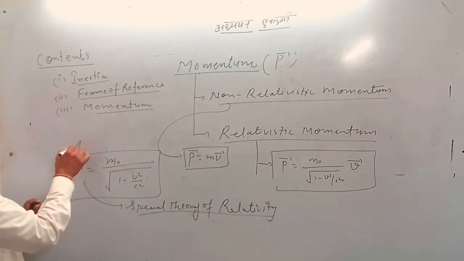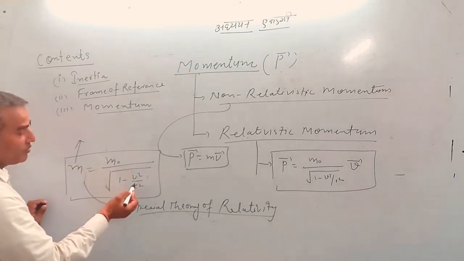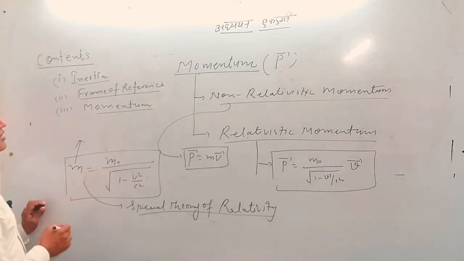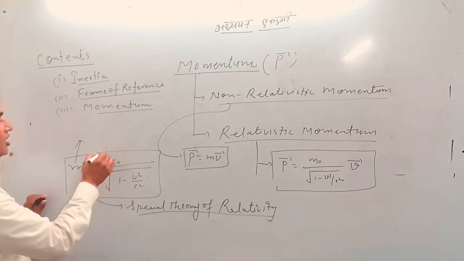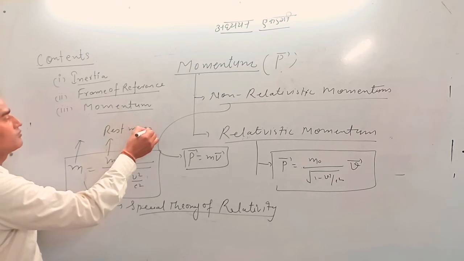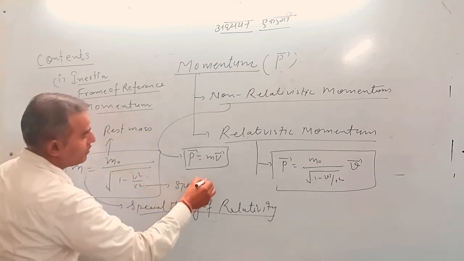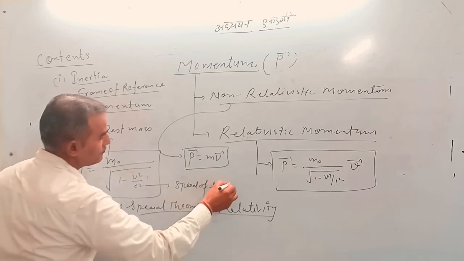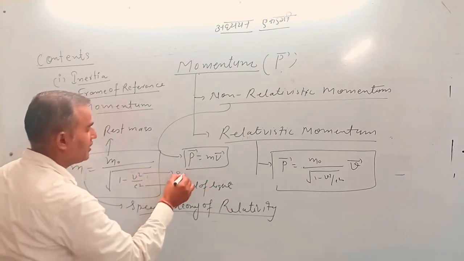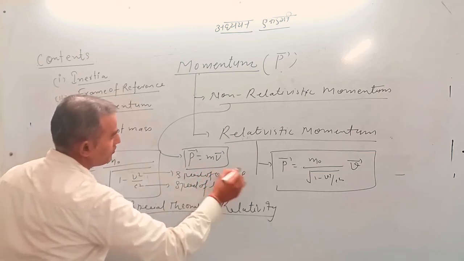Einstein relation: mass m is equal to m naught divided by the square root of 1 minus v square upon c square. m naught is the rest mass, c is the speed of light, v is the speed of the object.